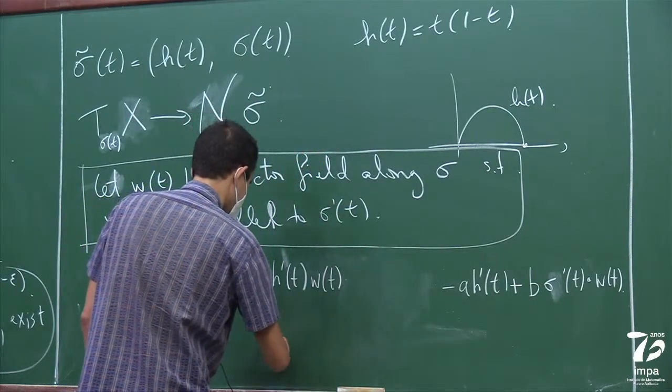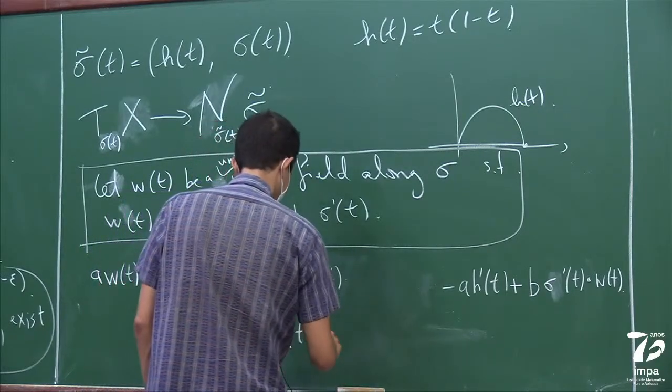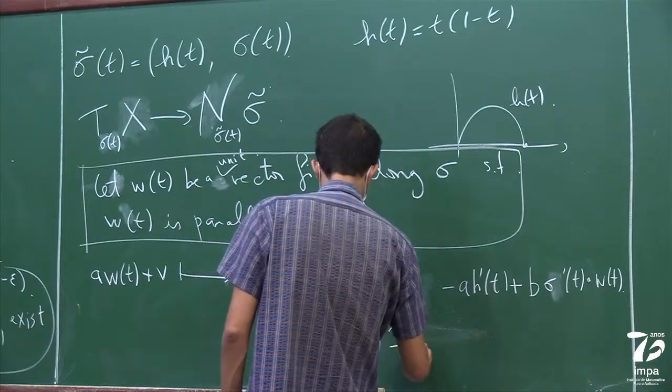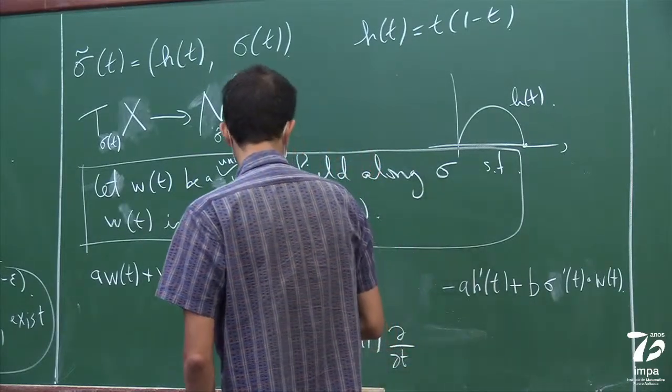So I want sigma prime of T, and then plus H prime of T d/dt to be 0.